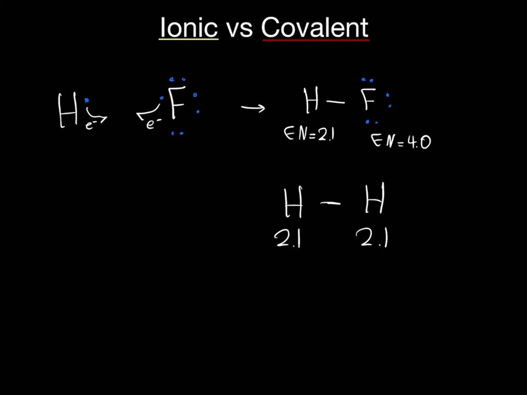However, in the example on the top, where you have a hydrogen on one side pulling the electrons toward itself with a strength of 2.1, and the fluorine pulling the electrons toward itself with a strength of 4.0, the electrons are going to be unequally shared. They're going to be a little bit closer to the fluorine and a little farther away from the hydrogen.